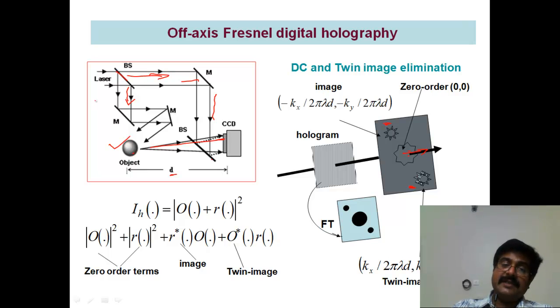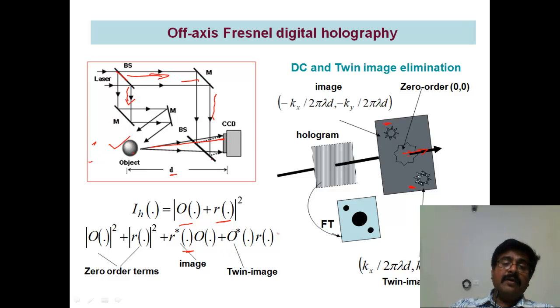So when a hologram is formed, the object wave and reference wave are interfering at an angle. So you have the zero order term, that is called DC, and the image will be there, and there is a twin image, right? So these terms can be separated out.